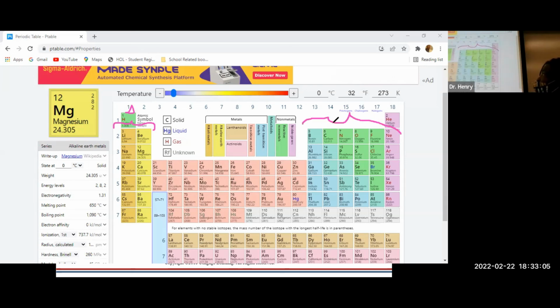Group 13 through 18 is going to represent the P sublevel. It's the sublevels. That's a P. This is an S.